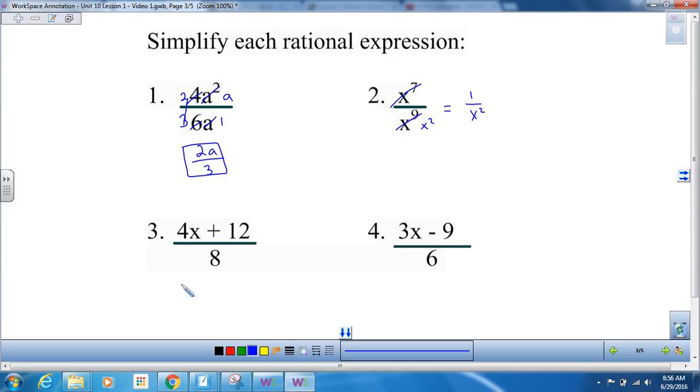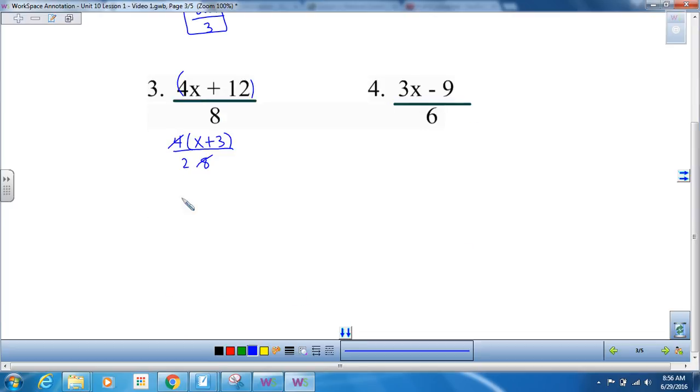Okay, here, I have an expression, meaning I have a plus or a minus, so I see if I can factor. There's a common factor of 4. x plus 3 over 8. And since the 4 is outside these parentheses, you can cancel with the 8. So you have x plus 3 on top over 2.